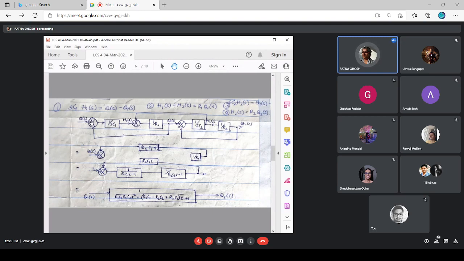Similarly, a common summing junction I can again break up into two summing junctions. Now I could place this one ahead, and then take another one coming in after. So this will be an independent unity feedback loop. This will also be another independent feedback loop, with this one going after this point, and this one effectively you can shift now before this point also.